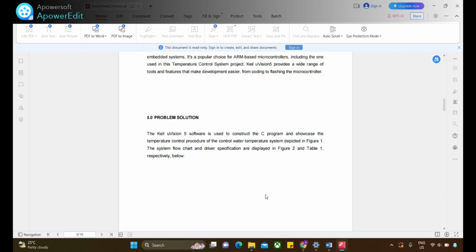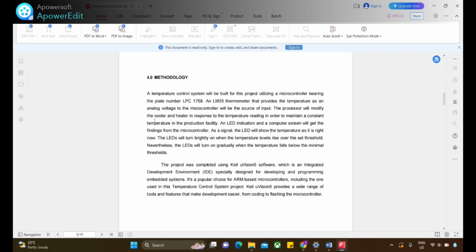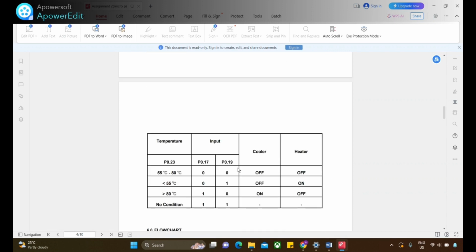Next is the problem solution. By using the heater and the cooler in this problem solution, we also have the test from the software.